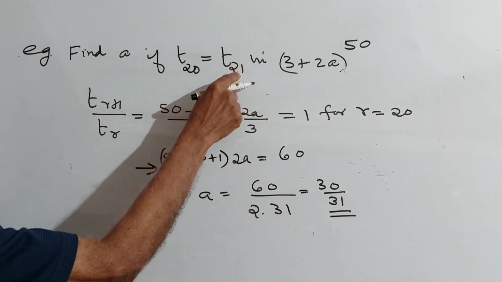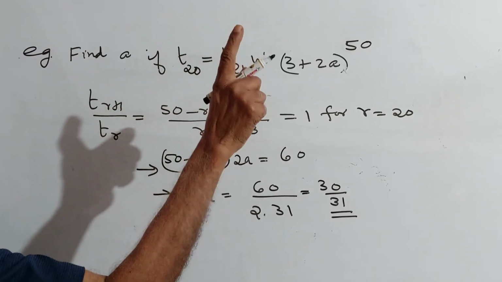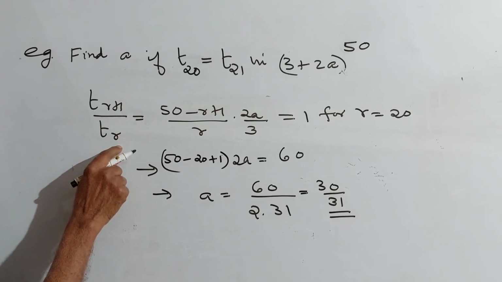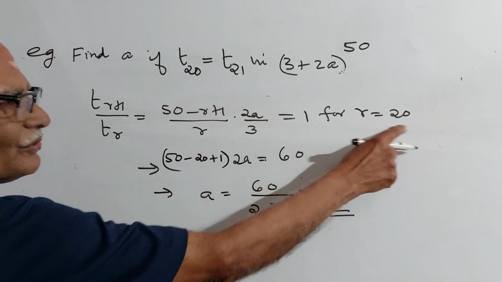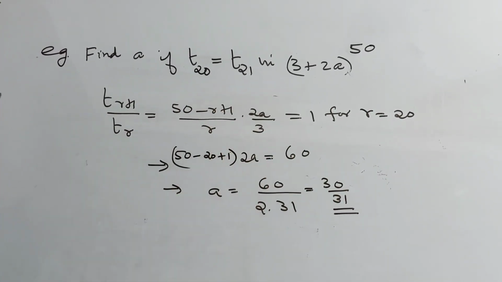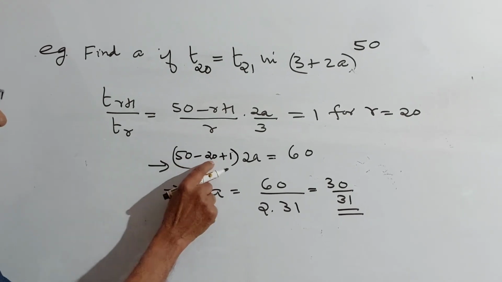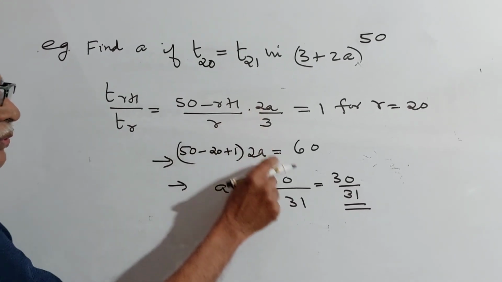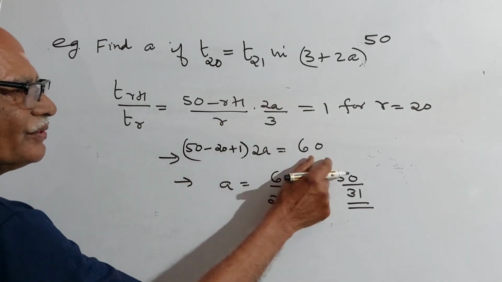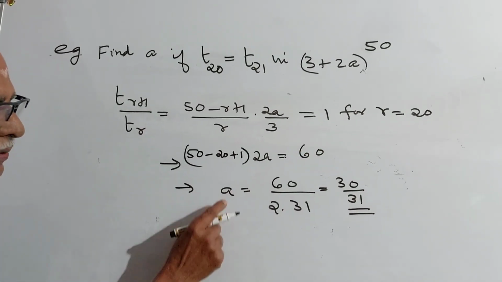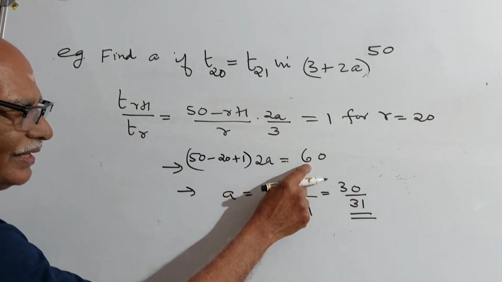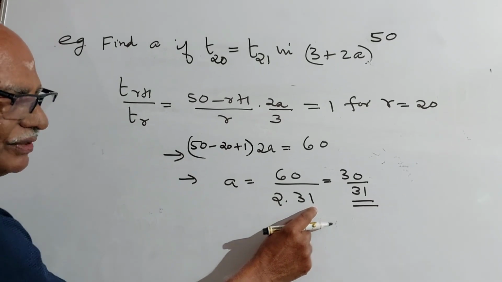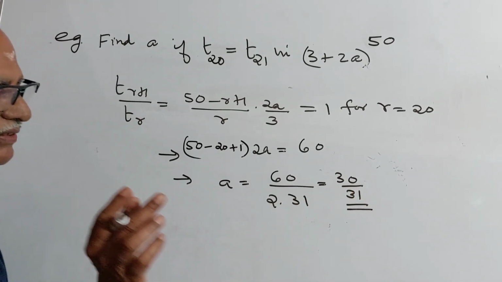So T21/T20 is 1. So T(r+1)/T(r) is 1 for r = 20. So that simplifies: (50 − 20 + 1) × 2a is 3 × 20, which is 60, or a equals 60 divided by (2 × 31), or 30/31.